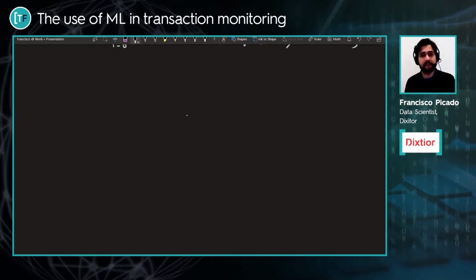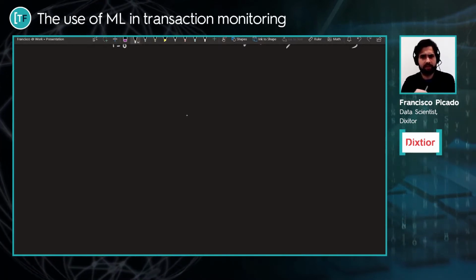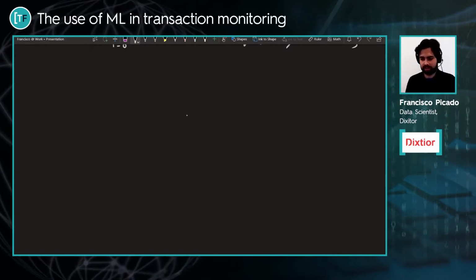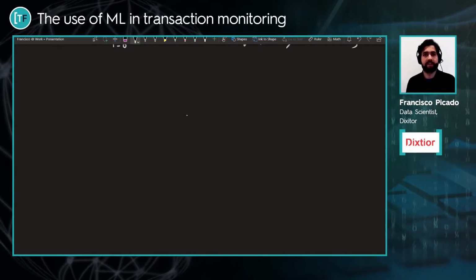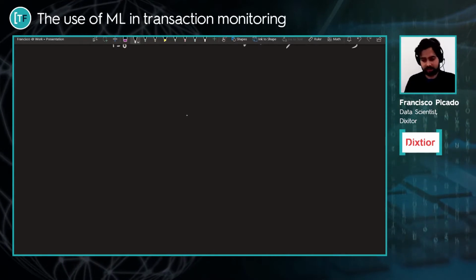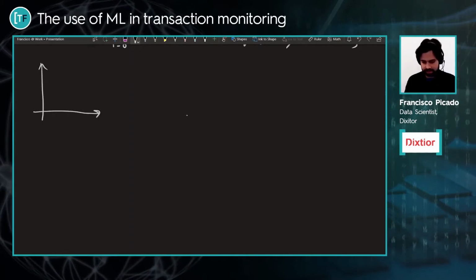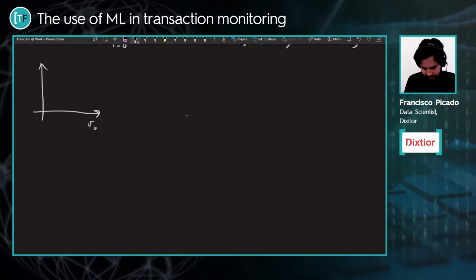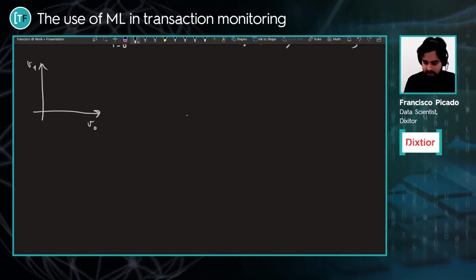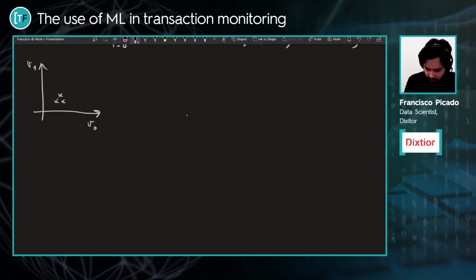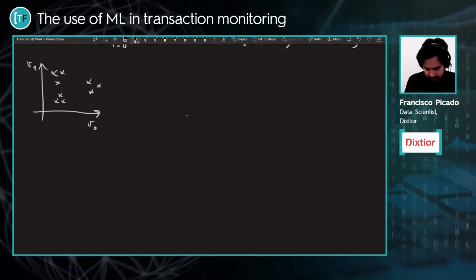So I said we have d variables, but we're three-dimensional beings, and so it's easier to visualize if I draw it as a two-dimensional example. So let's consider an axis where we have two variables, and each account is interpreted as a point in that space, as you can see over here.